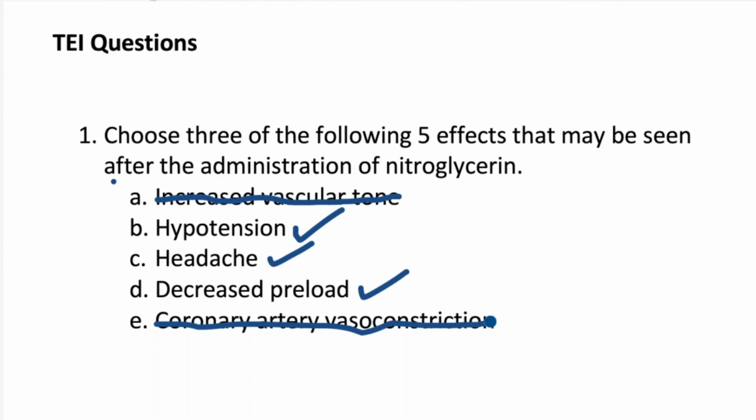Now, what I'd like you to do, let me know what level you are preparing for, EMT, AEMT, or paramedic. I have a couple of ALS questions in these TEIs, just in case I have anybody doing AEMT or paramedic here. All right, take a look.